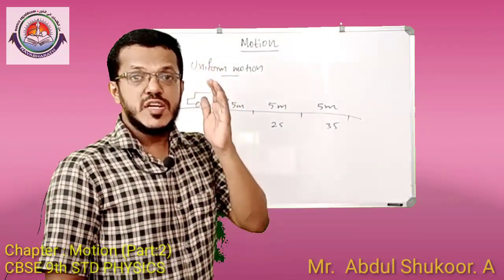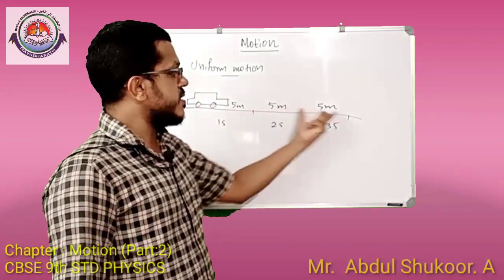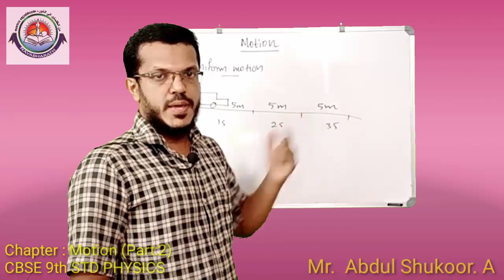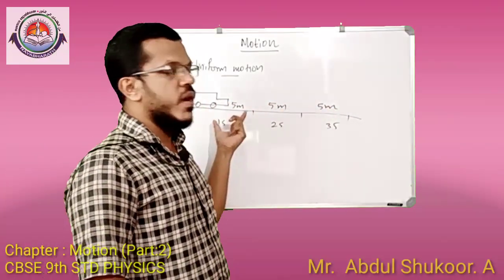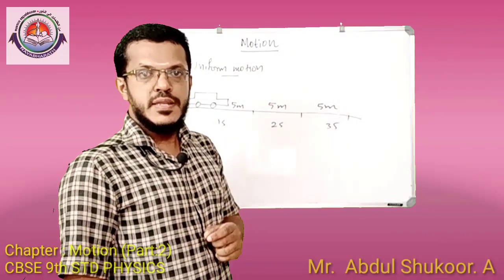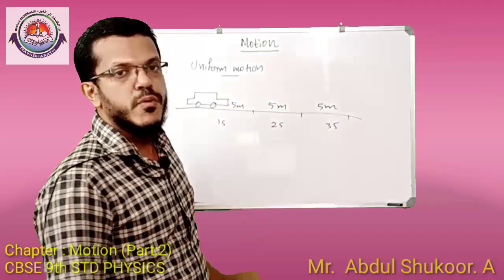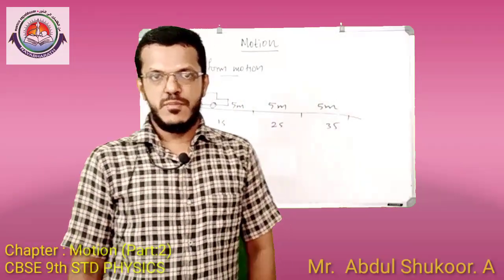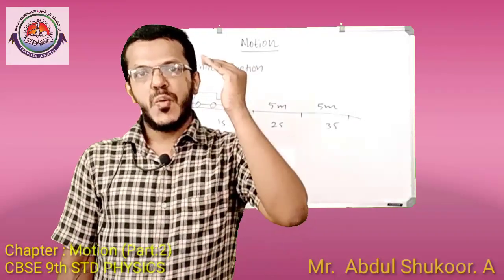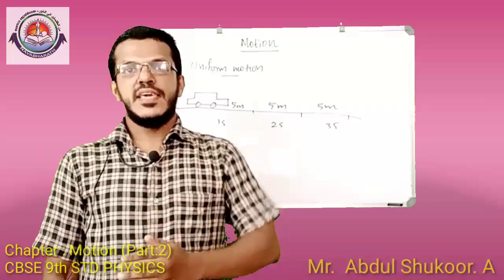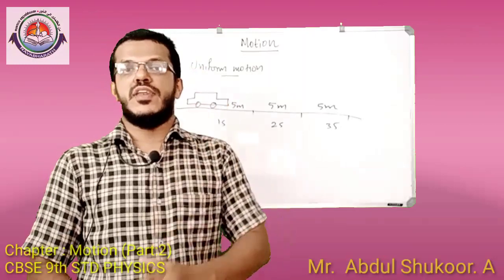If an object covers equal distances in equal intervals of time, then this object is said to be in uniform motion. What is uniform motion? If an object covers equal distances in equal intervals of time, we say that object is in uniform motion.